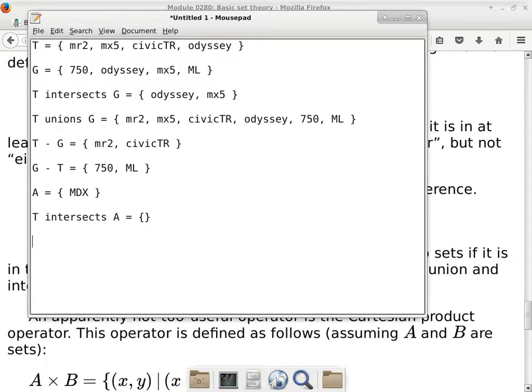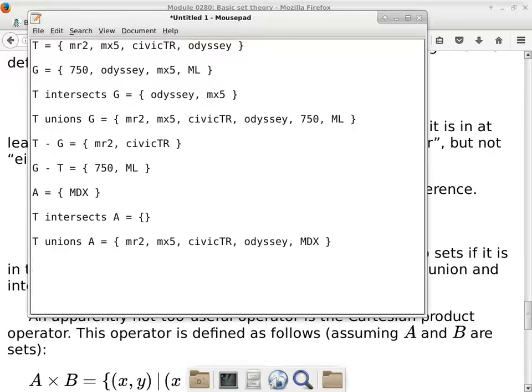Okay. So T union A is going to be everything, a long list, right? MX5, Civic Type R, all of these, and the MDX. Is that okay?